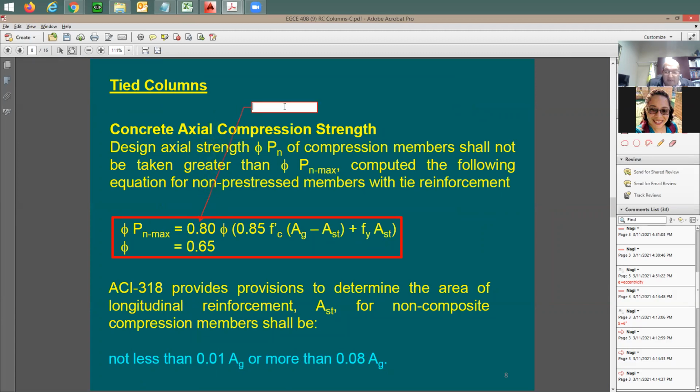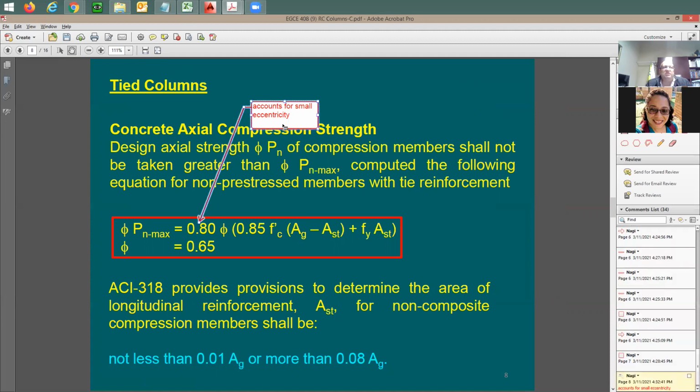This 0.8 accounts for small eccentricity. In this case, I'm going to say, ignore the fact that you may have additional moment, because this moment is going to be small, because the amount of eccentricity is going to be very small. And this is going to be the minimum eccentricity that you can consider whenever you have a column. So now we understand the reason for this 0.8.